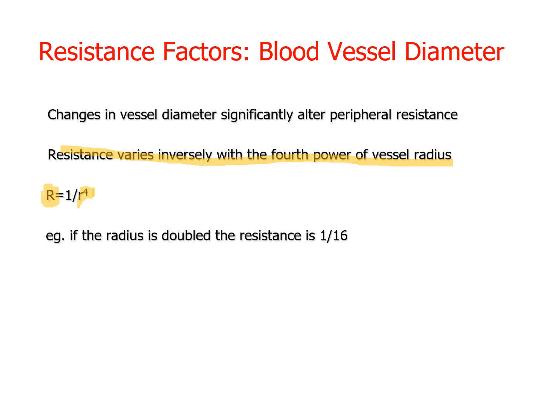Similarly, any increase in radius causes resistance to drop radically. As an example, if the radius is doubled, resistance is 1/16 of what it was before. So with vasodilation and doubling of the radius, you get 1/16 the resistance to flow. In other words, flow will increase into that particular area.